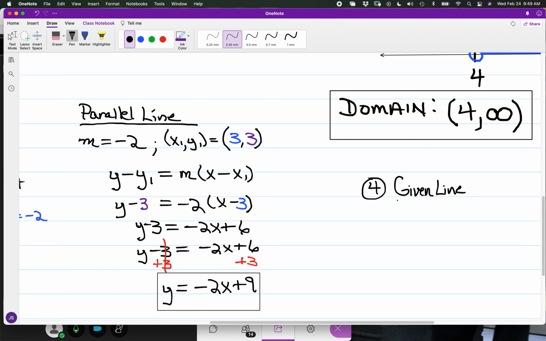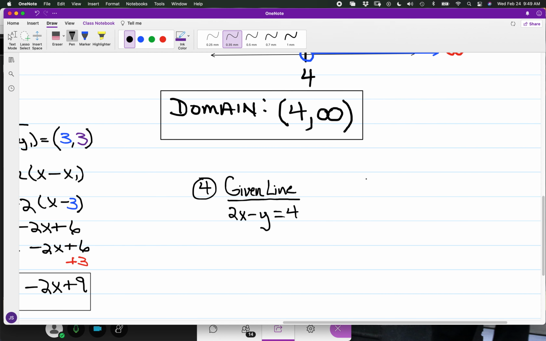Once again, we have the given line, 2x minus y is equal to 4. Now I'm looking for the equation of the perpendicular line.